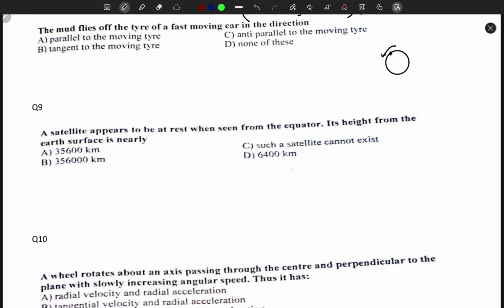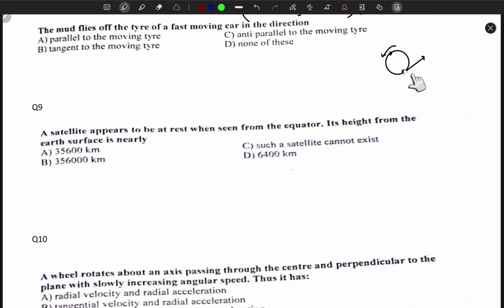Remember that anything that I have on this tire, for example, let's say you have mud over here, where would you expect this mud to go? It would fly off in what direction? It always flies off in a tangent to this point on the tire. So wherever the mud was, it would fly off in a tangent direction to this point where the mud is.